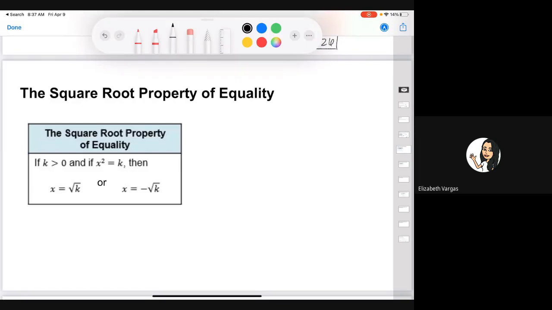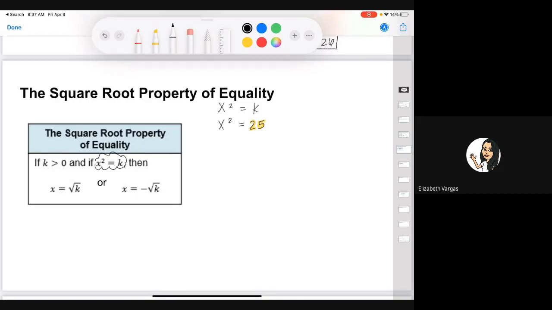So, to explain more, let's say I'm looking for x squared equals 25. I'm given x squared equals 25. What I notice here is that 25 is my k, because my original tells me that I have x squared equals k.